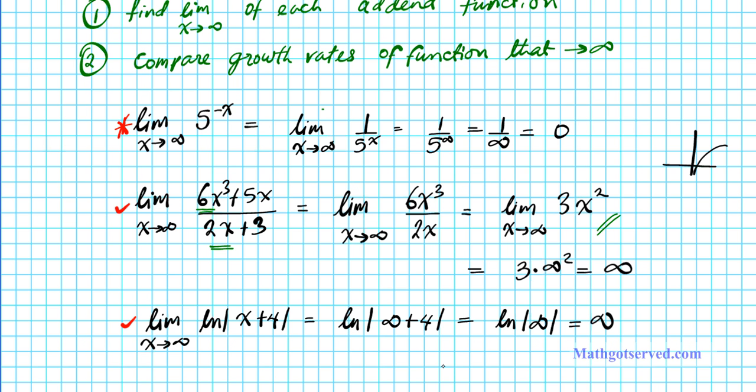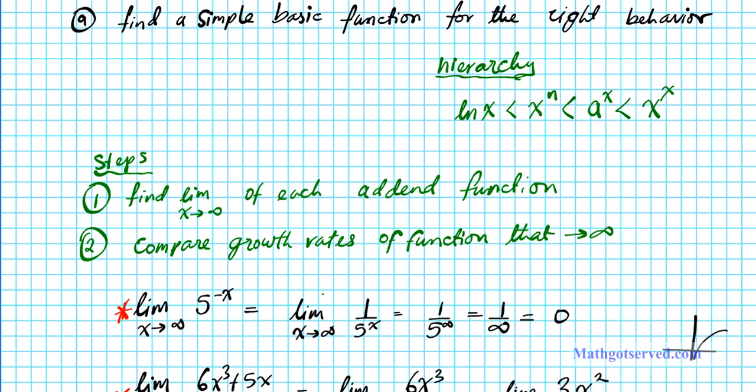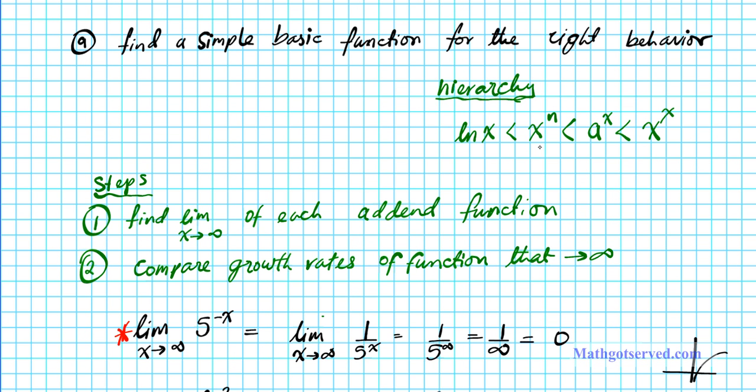So now we're going to compare the two functions. Which one grows faster? Is it this polynomial function here or the logarithmic function? At infinity, this behaves just like 3x squared, so we can focus on this. So which grows faster, 3x squared or the natural logarithm of x plus 4? Those are the two we're comparing. If you go to our hierarchy, we can clearly see that the polynomial function, x to the n, grows faster than your logarithmic function.